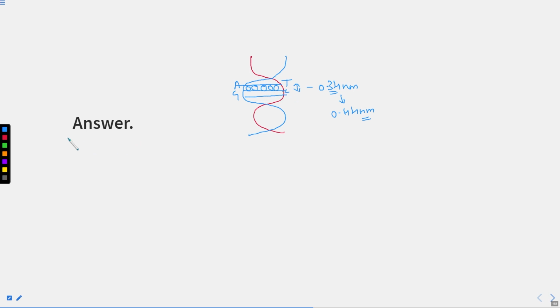Now you have to answer. Let's have a look at the answer. Before solving this question, we need to know a formula.